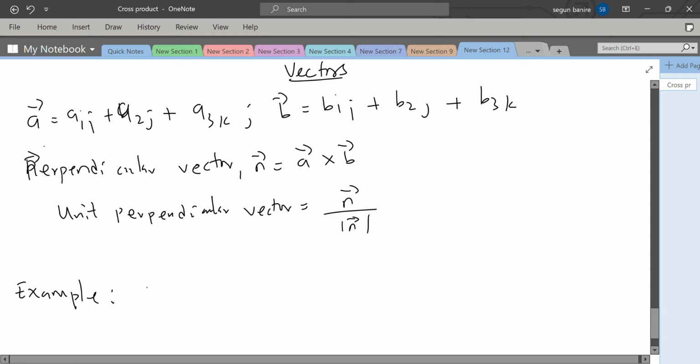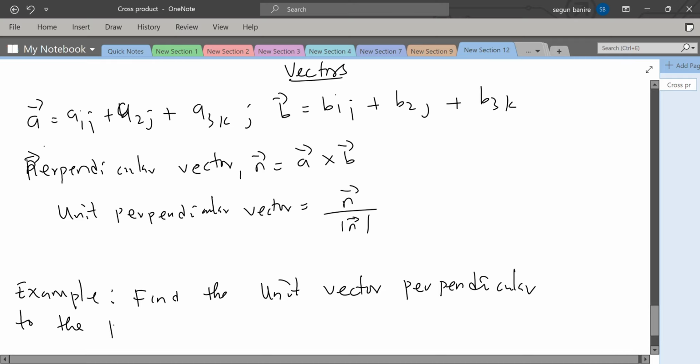Question: find the unit vector perpendicular to the plane P equals 3i minus 2j plus 4k, Q equals i plus j minus 2k.